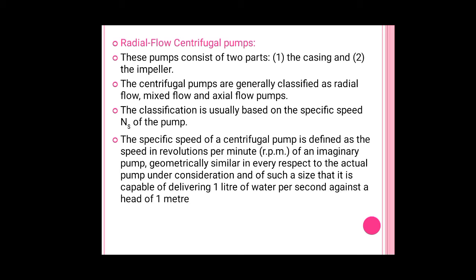The specific speed of a centrifugal pump is defined as the speed in revolutions per minute of an imaginary pump geometrically similar in every respect to the actual pump under consideration and of such a size that it is capable of delivering 1 liter of water per second against a head of 1 meter.